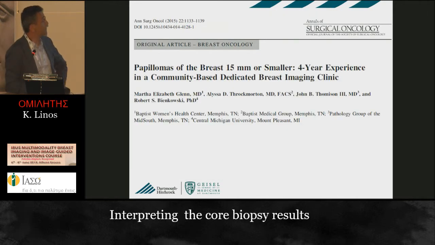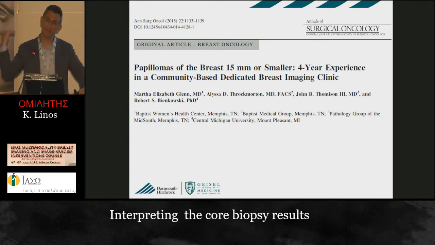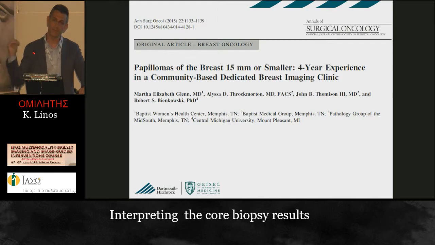This was a most recent study that included 146 benign papillomas measuring less than 15 millimeters. In this study, they did not find a size threshold below which there were no upgrades. So the question is, is there a size threshold that is pretty safe to follow up these patients? In this study, they said there was no safe size.